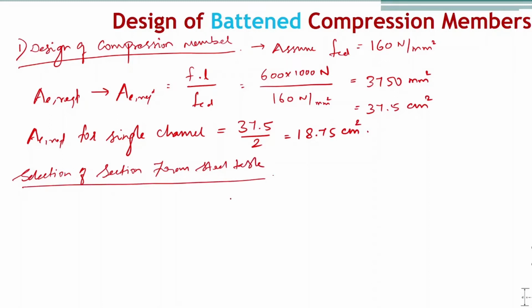So how do I select a section? I have to select a section in such a way that its area is equal to or greater than the area required.